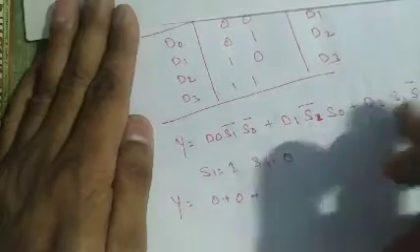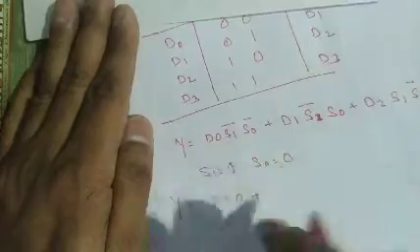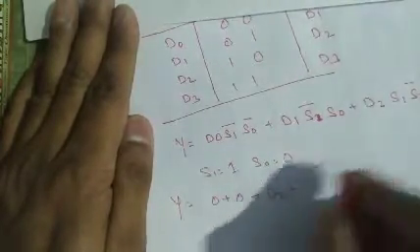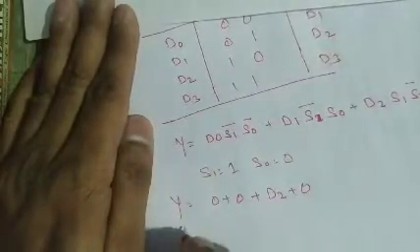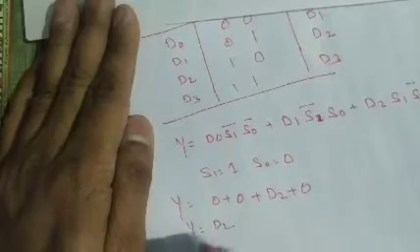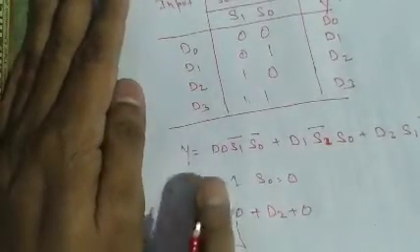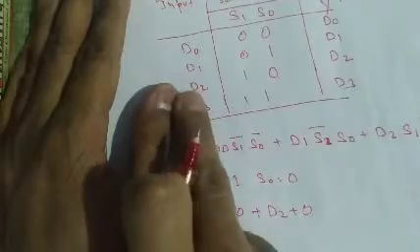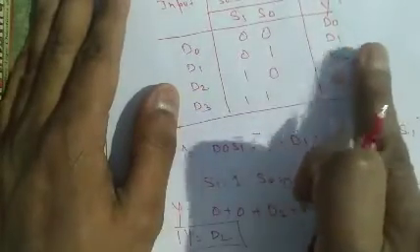And D2 S1 bar S1 is 1 and for S0 0 bar, that means 1, and it will be D2. Again D3 S1 1 S0 0 will become 0, hence Y equal to D2. So it is proved here simply that when S1 equal to 1 and S0 equal to 0, the information having input D2 is directly transmitted to the output side.